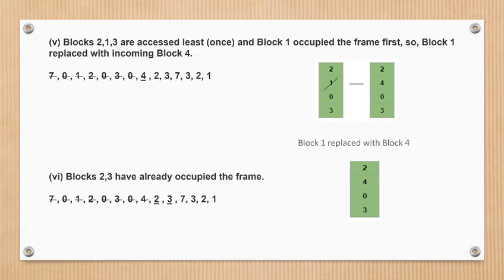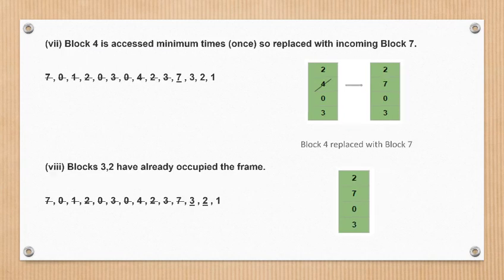In step 6, blocks 2 and 3 are already in the frames, hence we won't consider these changes. Now in step 7, the upcoming element is 7. To replace, block 4 is accessed the minimum number of times, hence block 4 is replaced with block 7.